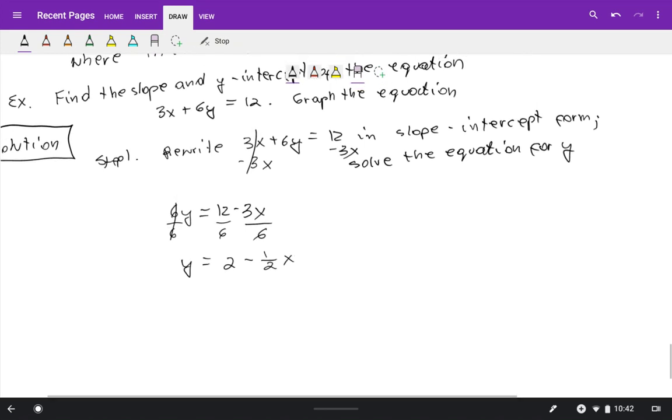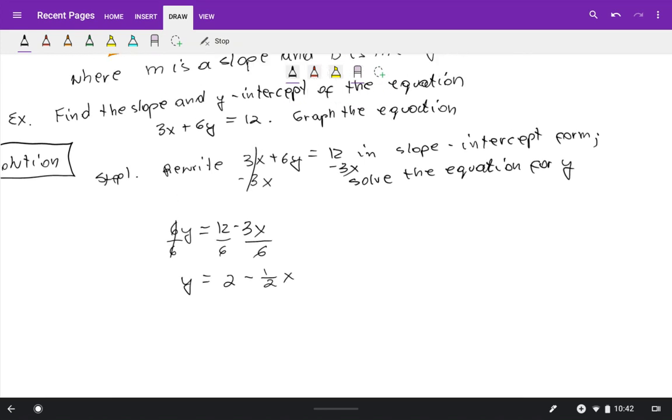Again, you want to rewrite this in slope-intercept form, y equal mx plus b, so x should be in front of the whole number. So let's just switch that. y will be negative 1/2 x plus 2. Okay, so this is slope-intercept form.